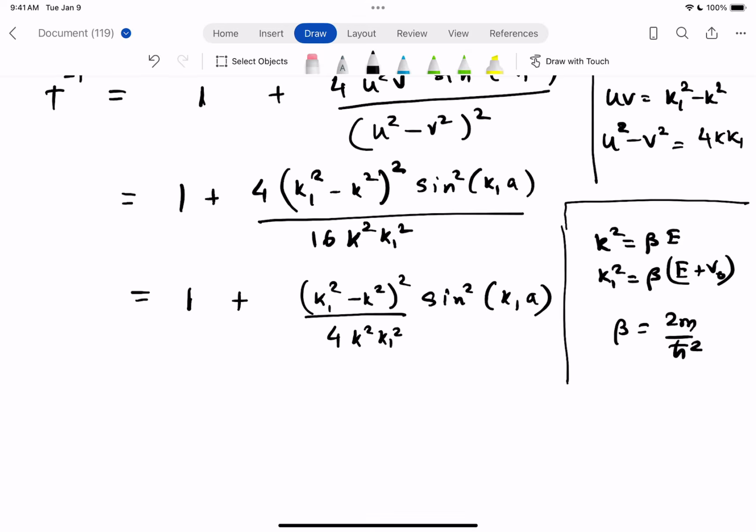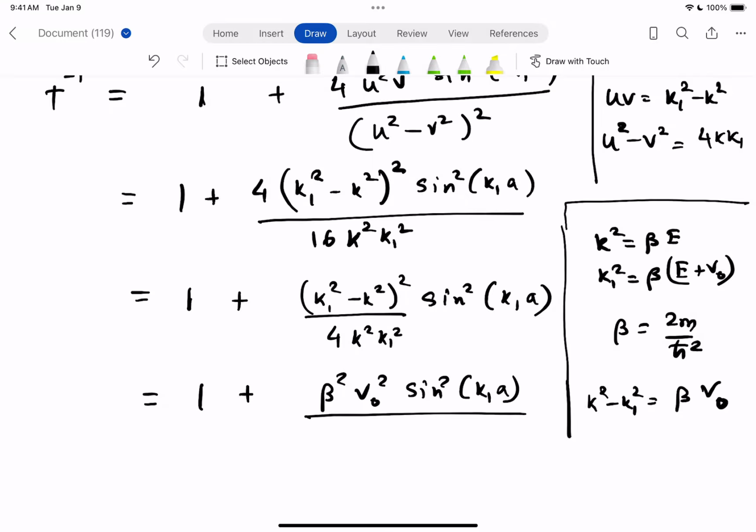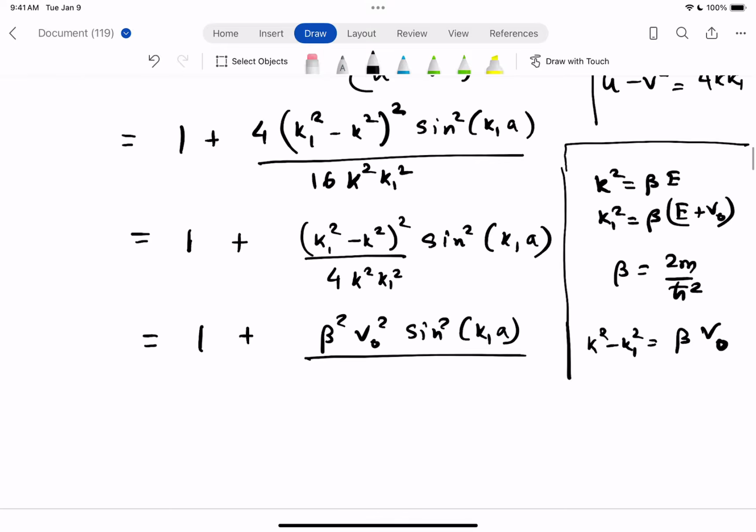Alright, so that means k square minus k1 square is equal to beta v naught. Okay, and k square minus k1 square squared is going to be beta square v naught square, and then k square k1 square is just going to be beta square e times e plus v naught.